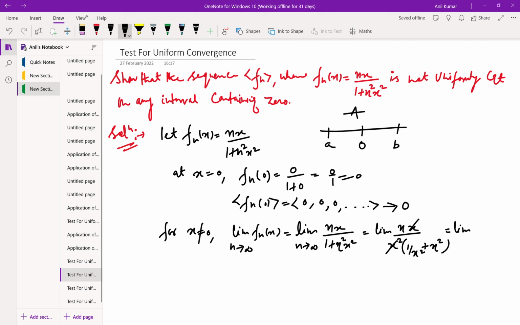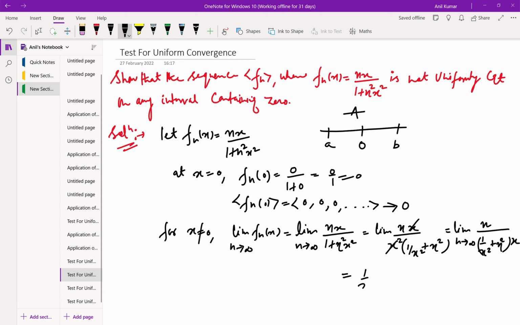So limit n approaches infinity, n by, this is 1 by x square, we are left with x, n square into, so x से x cancel हो गया, so we are left with only x. So as n goes to infinity, this number goes to 0, this number goes to 0.